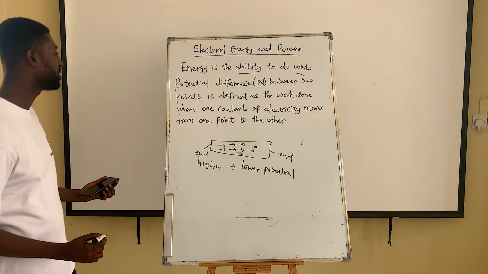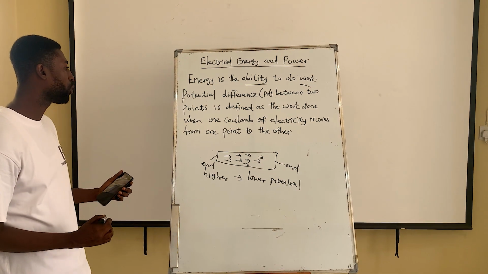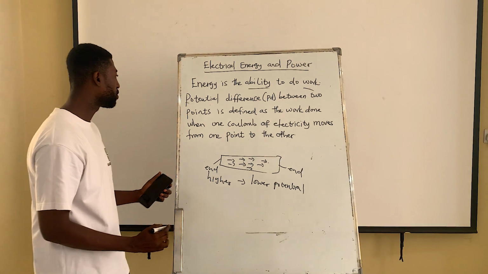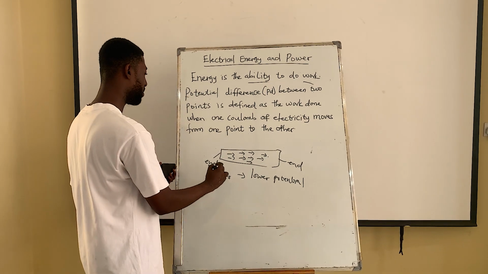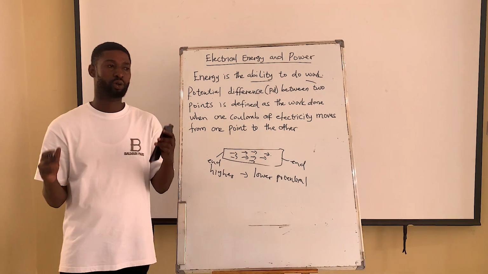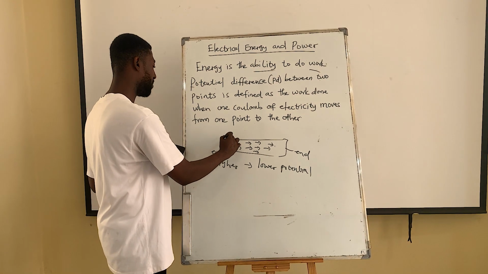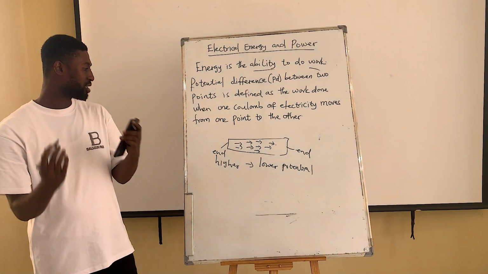So potential difference between 2 points is defined as the work done when 1 coulomb of electricity moves from one point to another. So here, to calculate the work done, a potential difference must be applied across the conductor. If a potential difference is applied across the conductor, then definitely charges will move.